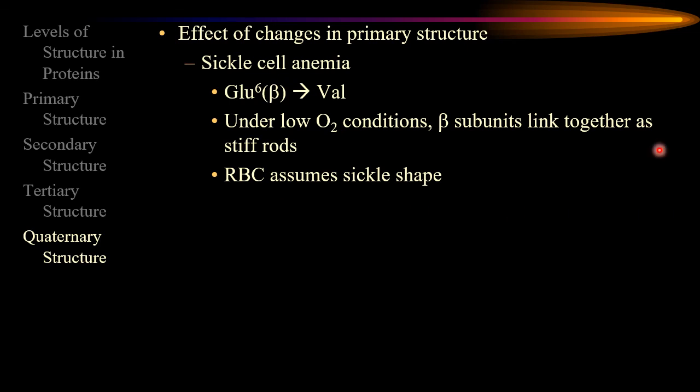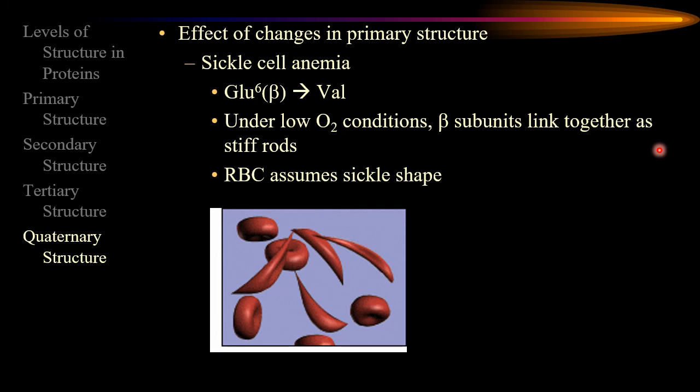So it assumes the sickle shape, hence it's called sickle cell anemia, because under the microscope, the red blood cells appear in a sickle shape. There's a picture. The normal disc shape has now assumed that sickle shape.